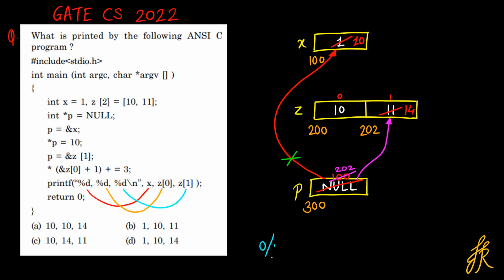Then the next one, z[0], is also 10 right now. So 10. Now the next one, z[1], is 14. Output is 10, 10, 14. So option E is the correct option. So 10, 10, 14 is the answer.